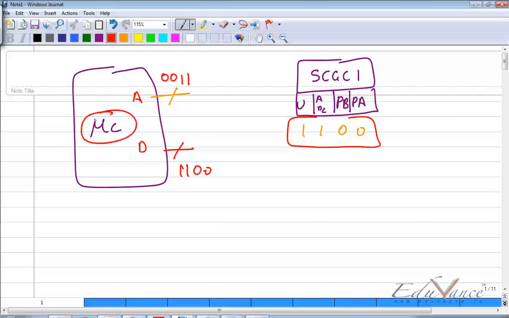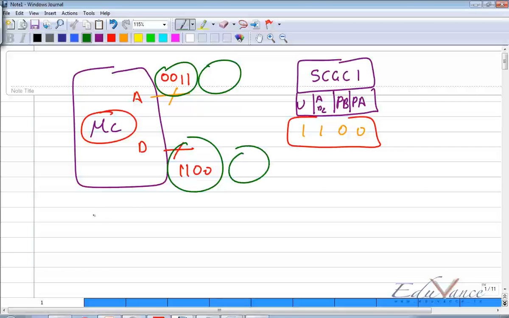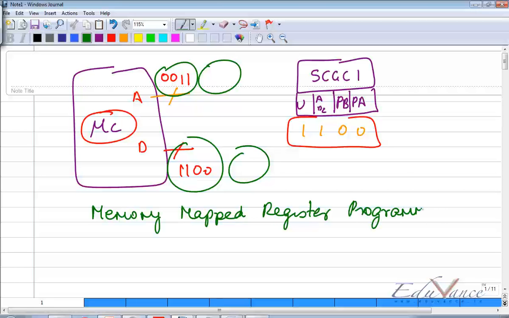So for my microcontroller, it only has to deal with the address and the data. For the next register, again, new address, new data. This concept is called memory mapped register programming, where each register of my microcontroller system is mapped to one location on my memory.